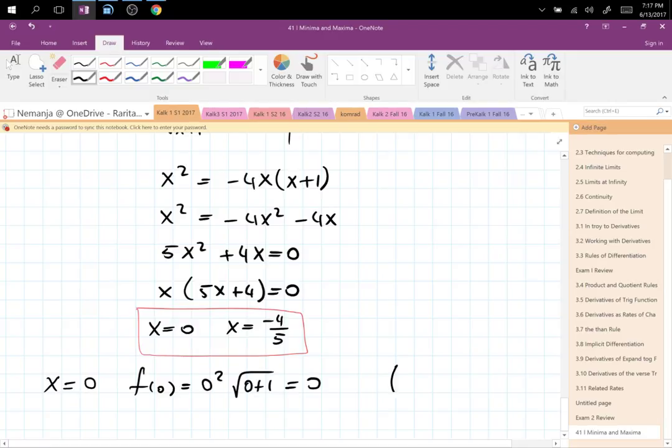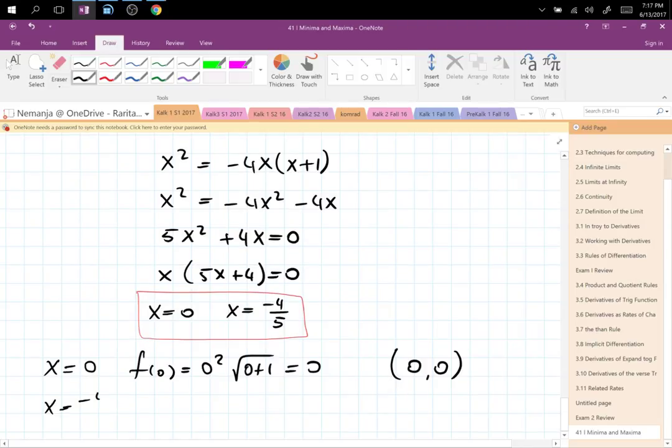So the first critical point is (0, 0). And when x is equal to negative 4/5, f of negative 4/5 is negative 4/5 squared times the square root of negative 4/5 plus 1.